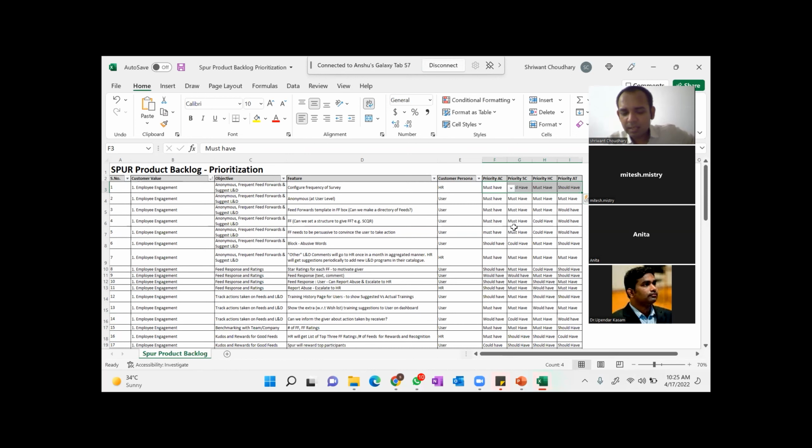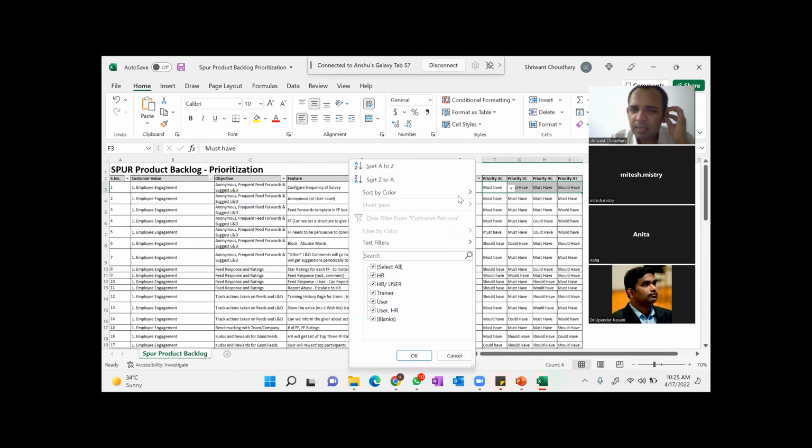So one question I had. When you say user is an employee, right? In certain modules, HR is also user. HR is also user, yes. So in this case, you mentioned HR and one more, I think L&D person also, right? The trainer also user, HR also user, yes.